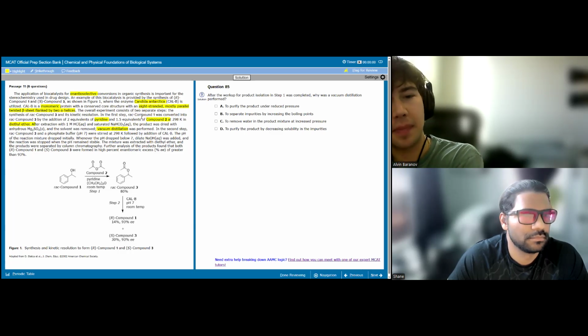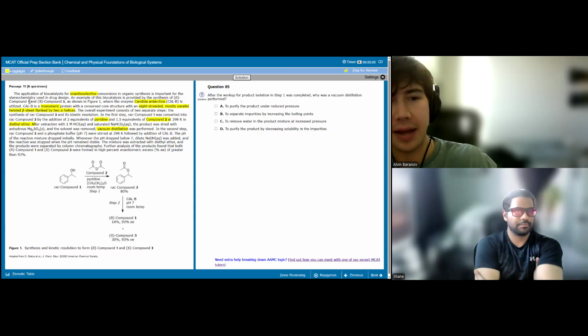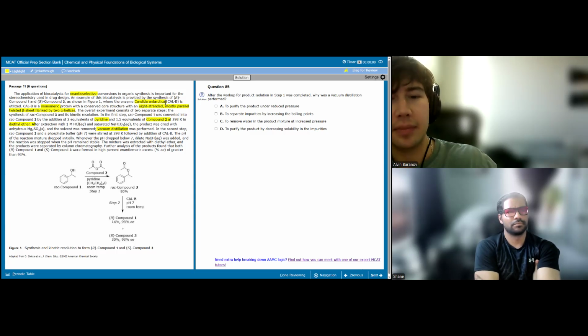An example of this biocatalysis is provided by the synthesis of R compound 1 and S compound 3 as shown in figure 1, where the enzyme Candida antarctica is utilized.